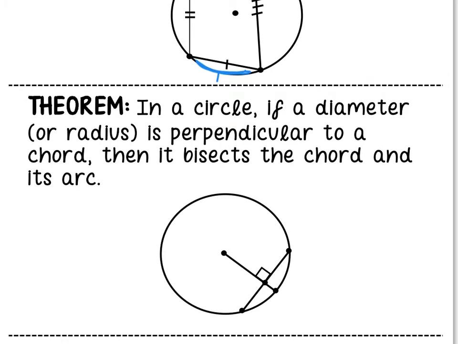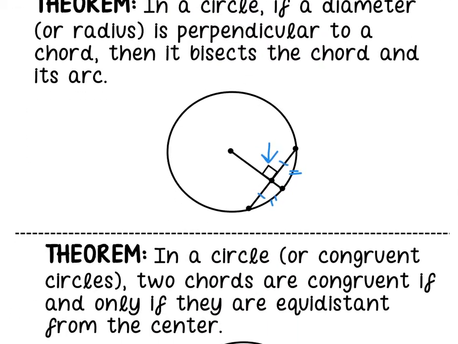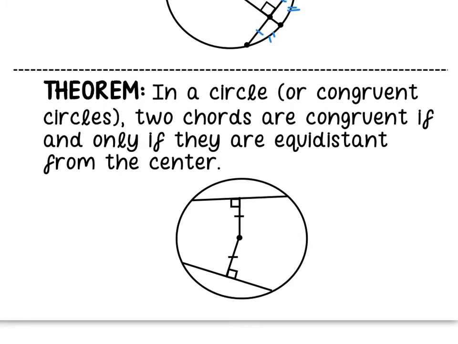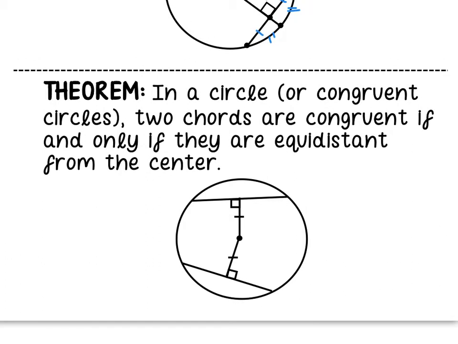If a diameter or radius is perpendicular to a chord, then it bisects the chord and its arc. In a circle or congruent circles, 2 chords are congruent if and only if they are equidistant from the center. I just saw they have 1 mark already, so we'll add 2 there.